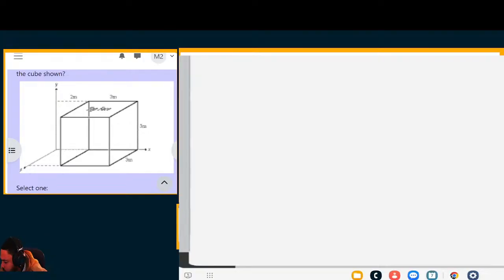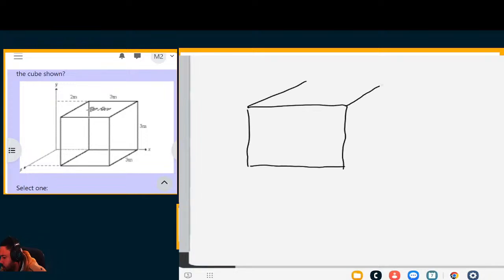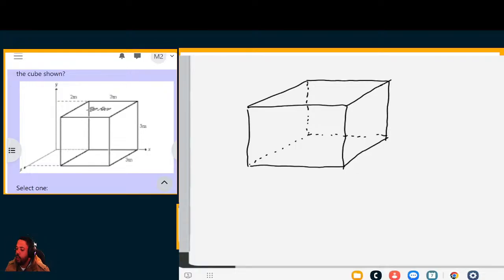We have a box, guys. This is a box. And in the region of this box, there is an electric field.